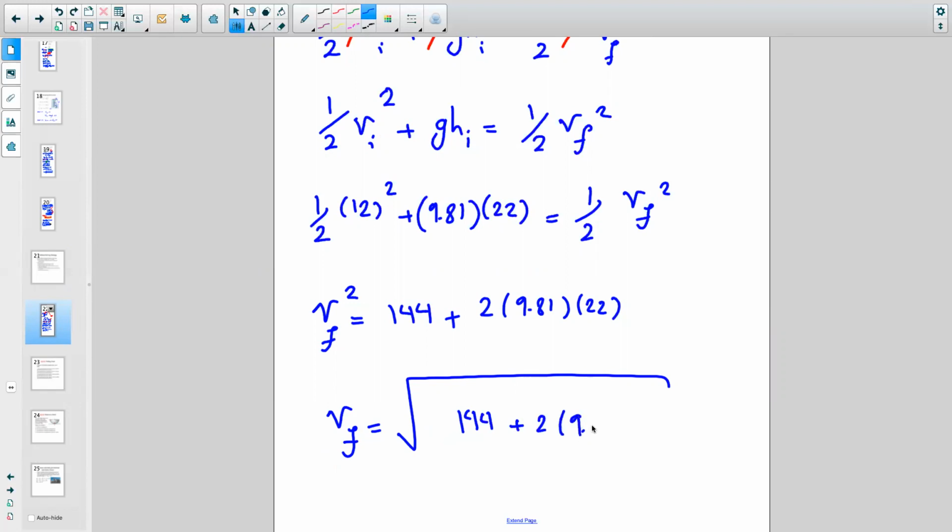Whatever it is, in units of meters per second, that would be your final velocity.